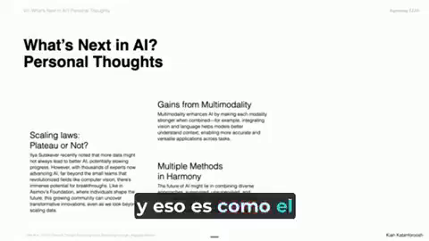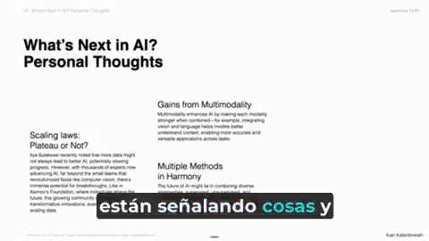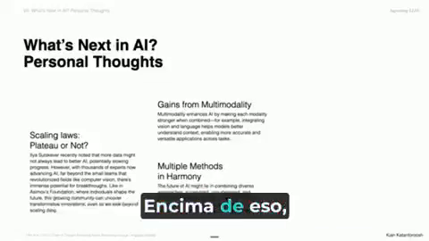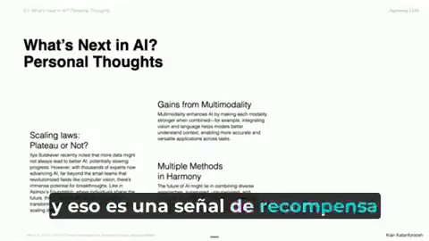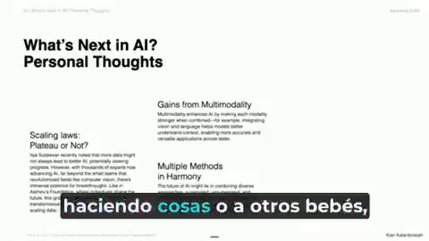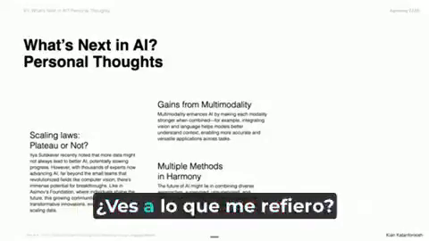And that's like the baby's pre-training, if you will. On top of that, the mom or the dad is pointing at stuff and saying bad, good: supervised learning. On top of that, the baby's falling on the ground and getting hurt, and that's a reward signal for reinforcement learning. On top of that, the baby's observing other people, or other babies, doing stuff: unsupervised learning. You see what I mean?